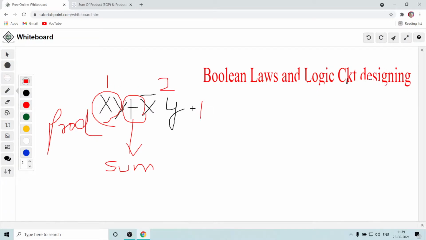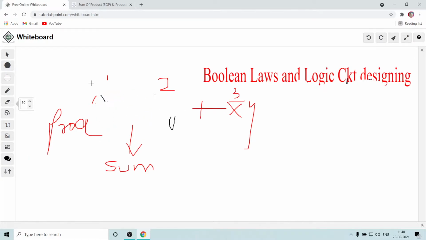It might be possible that we can extend it to any other value, x bar y, then it becomes my third term. So this is known as sum of product terms. Product terms is what? x y is a product term, and any SOP expression can contain n number of terms.